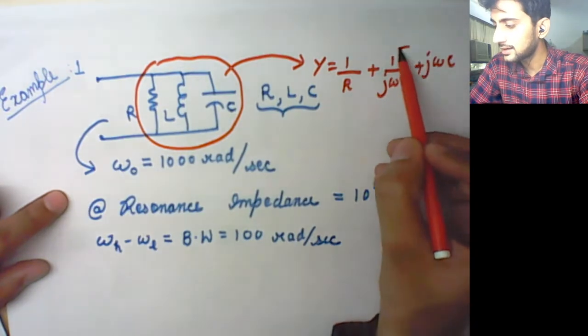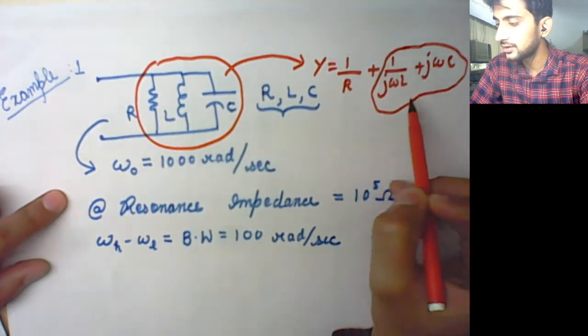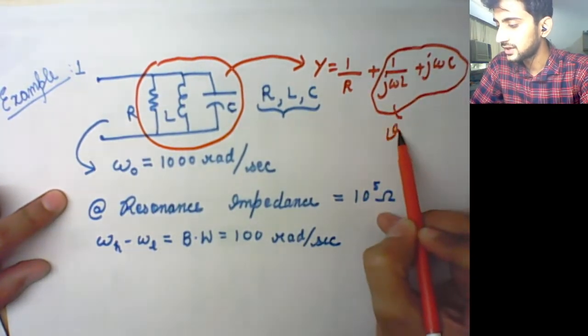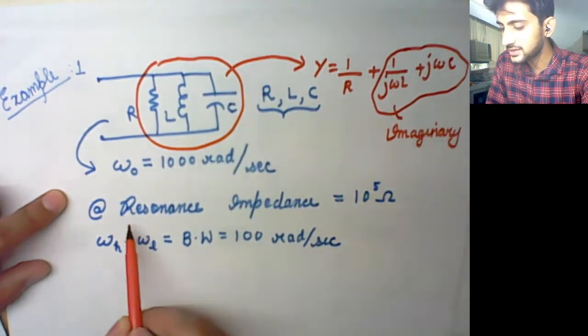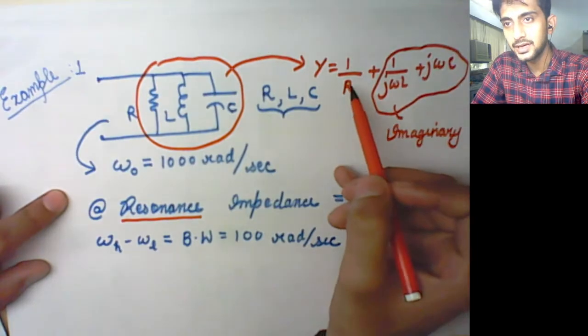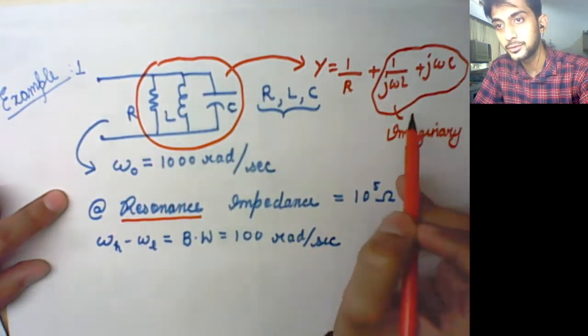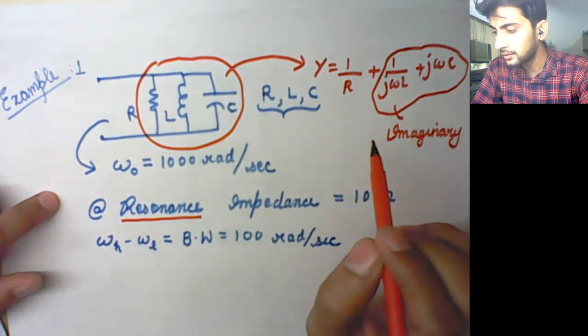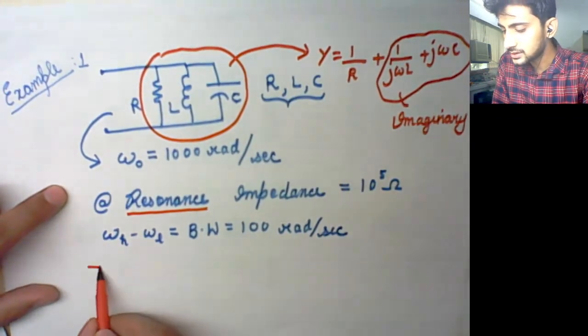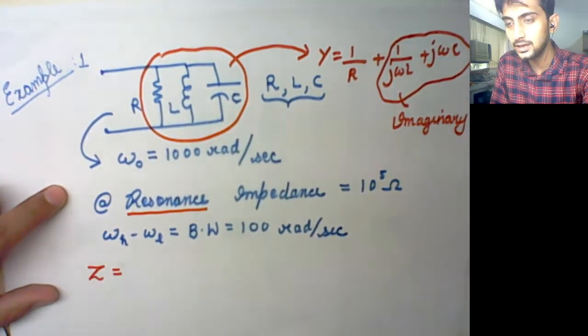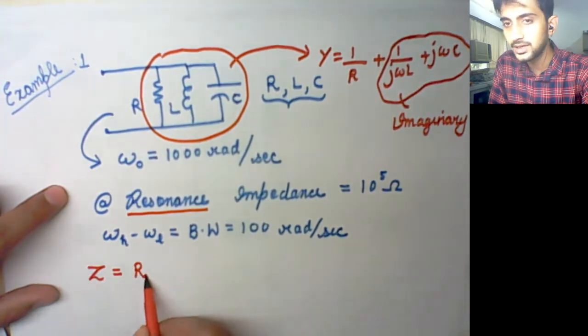But you see that these two terms are going to be imaginary, and at resonance, what happens to the impedance or admittance? The imaginary term goes to 0. Therefore, at resonance, our impedance should be purely real, and that means it should only be equal to R.